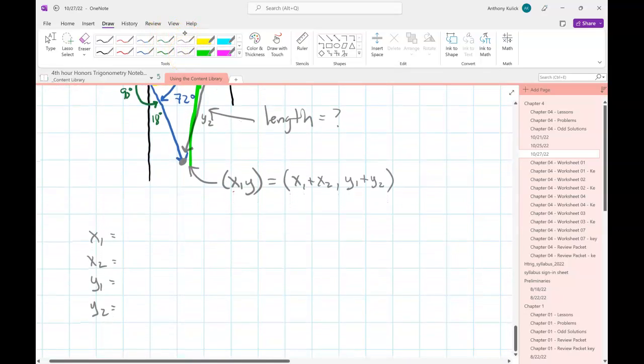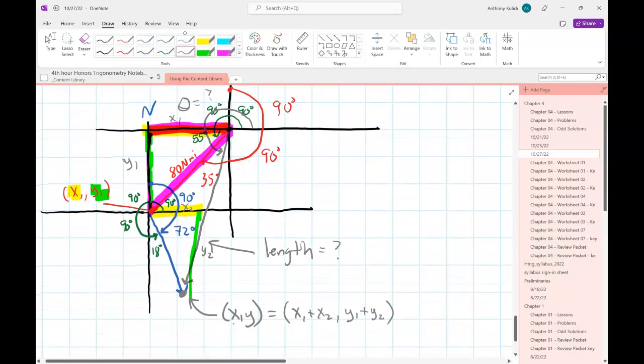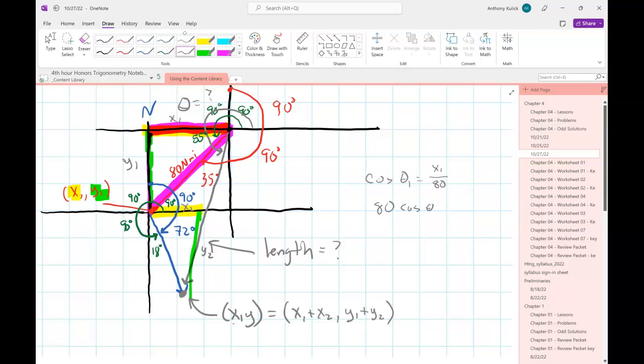So, x1, if I'm solving for this, I would write cosine of theta equals adjacent over hypotenuse. Correct? Everybody agree? Or if I solve for x1, I'd get that.